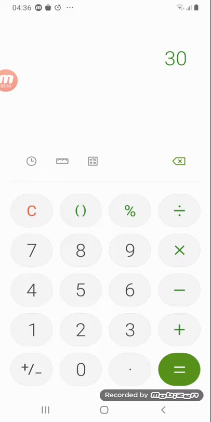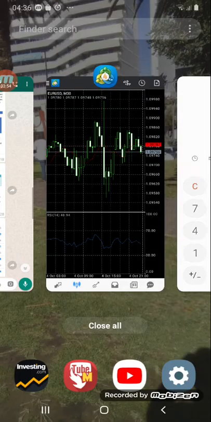That is how you calculate your pips, how you calculate how much the market is going to move. All right, so that's on the pips.